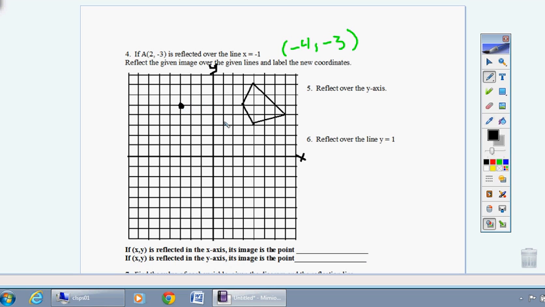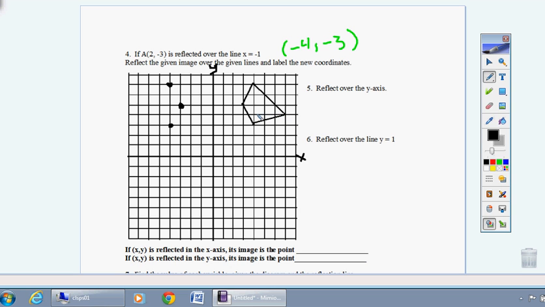And I have to do that for each vertex of my image. So I'm going to do that with this vertex as well now. 1, 2, 3, 4. 1, 2, 3, 4. And I have to do it with these two vertices as well. 1, 2, 3, 4. 1, 2, 3, 4. And then the last vertex right here, I'm reflecting over the y-axis.